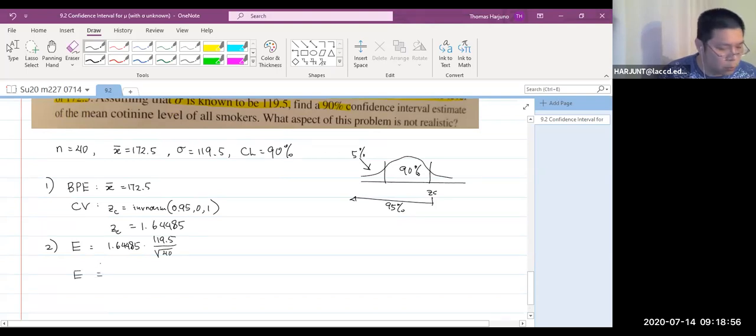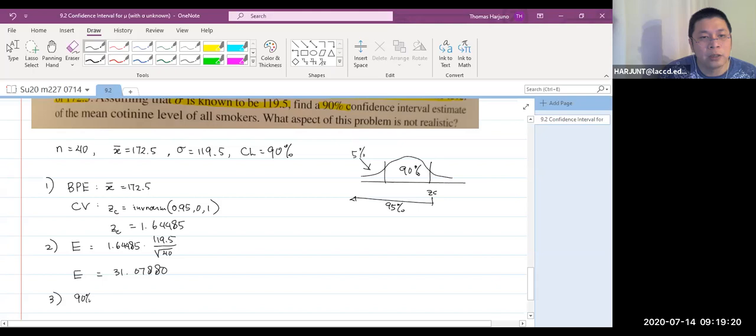That will be 1.64485 times 119.5 over square root of 40. I get 31.078797.